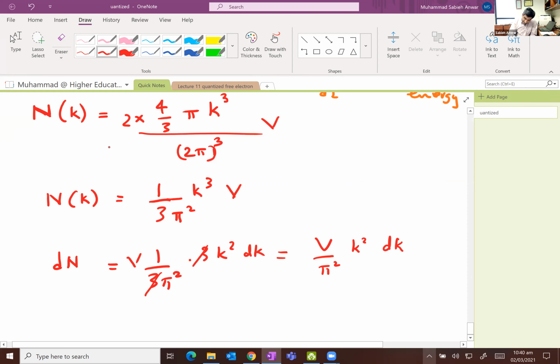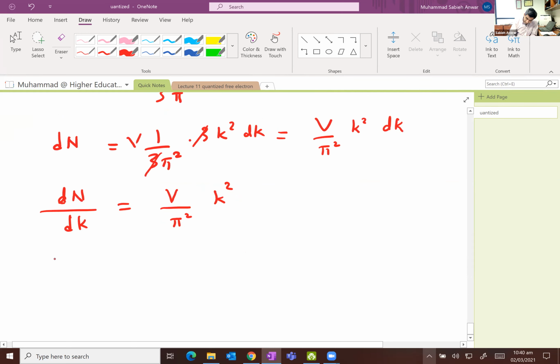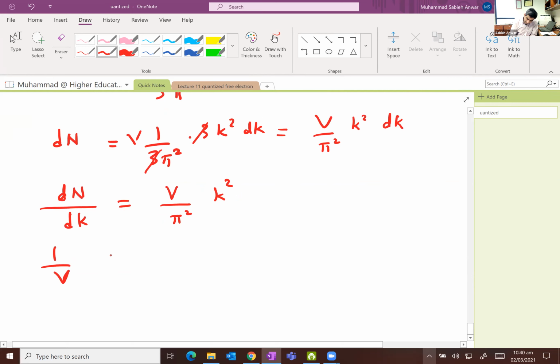This means that my dn over dk is V over pi squared k squared. I can take V to the other side. dn over dk per volume is k squared over pi squared.